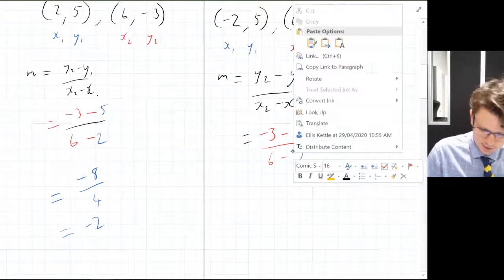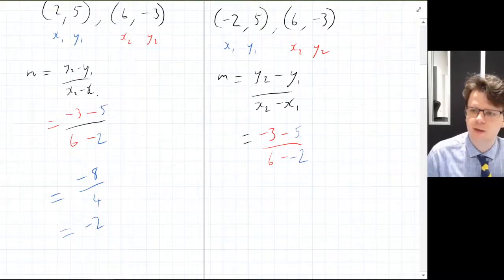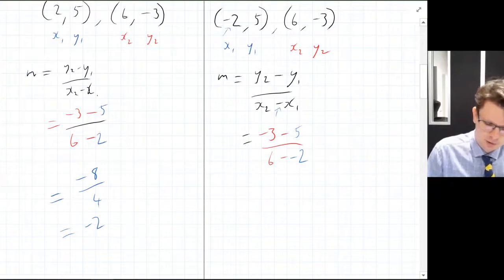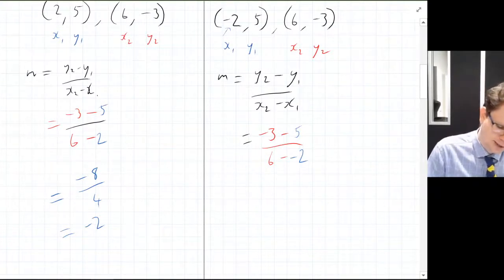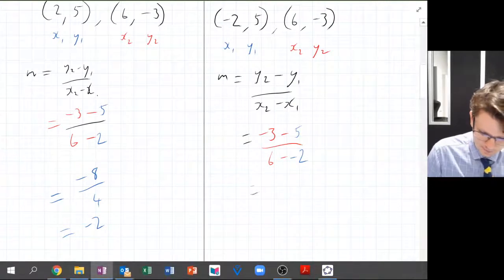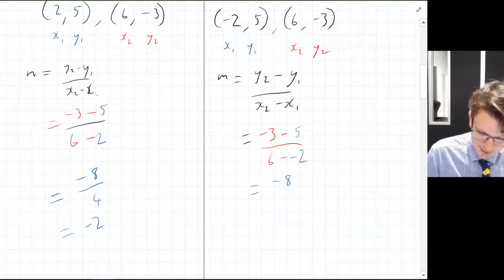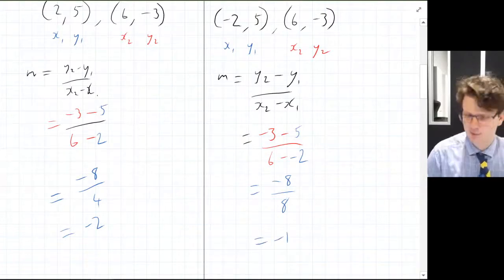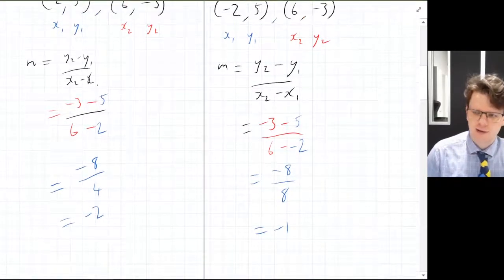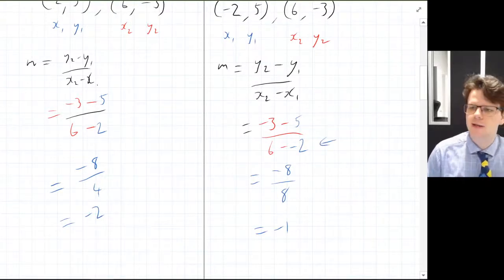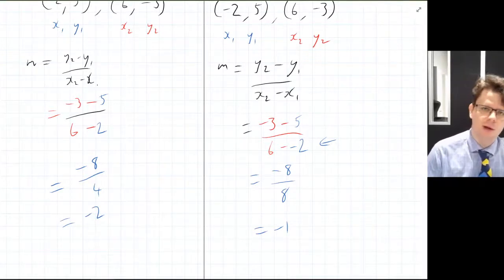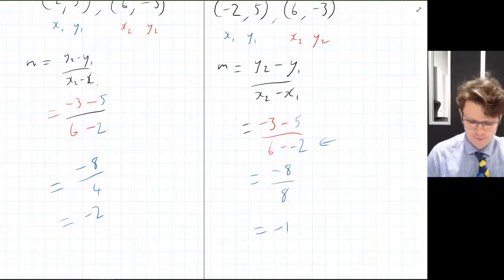Minus negative 2. We have two minuses, one from the formula and one from up here. Got to make sure you put two minuses there. So you're going to get negative 8 over positive 8. And in this case, negative 1 is the gradient. A little bit of a trick there. So whenever you have a negative, it's always a minus sign in between the two numbers, but sometimes there's going to be two minus signs, one from the equation, one from the number itself.